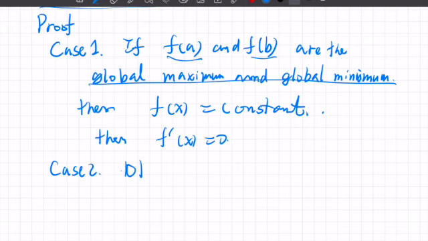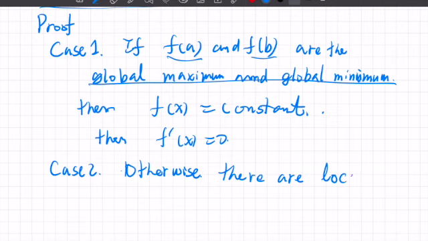Case 2: otherwise, there are local extrema. By the logic we have just explained, there are local maxima, maybe multiple, and minima.